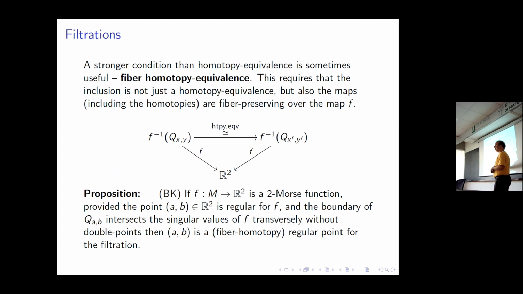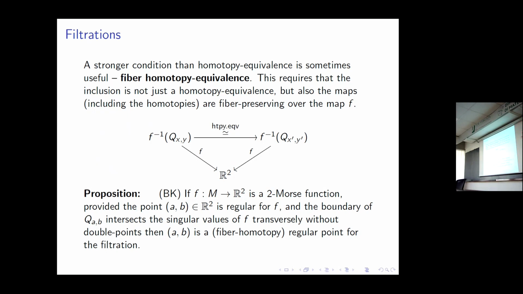Yes. Regular is overused. Now, is it three notions of regular or just two? Well, in this statement, there's just two. But yes, there's also where the maps are just homotopy equivalences, and then we just call that regular. You're not using that. Well, it's implied, but the fiber homotopy regular implies the other one.